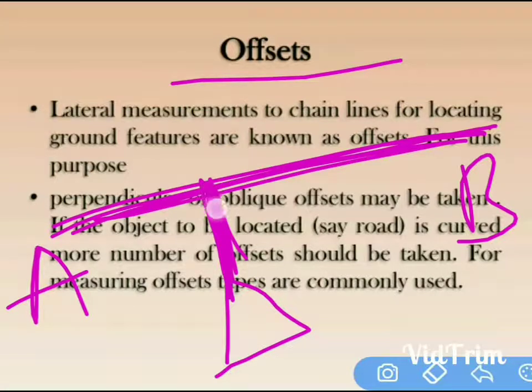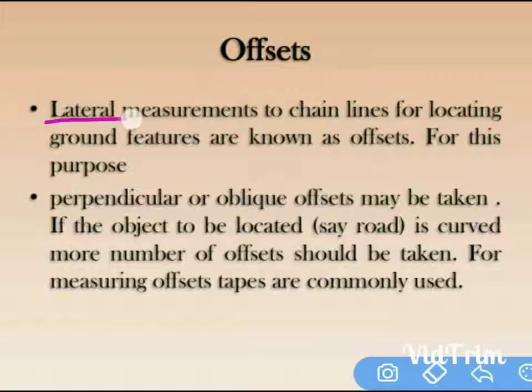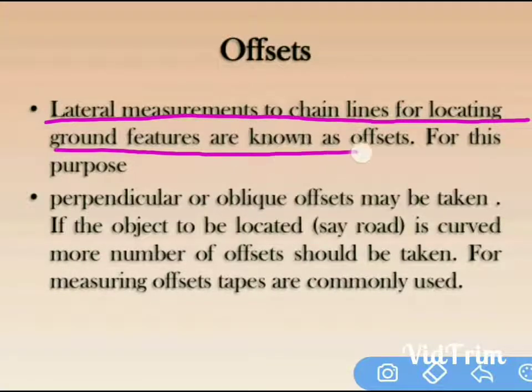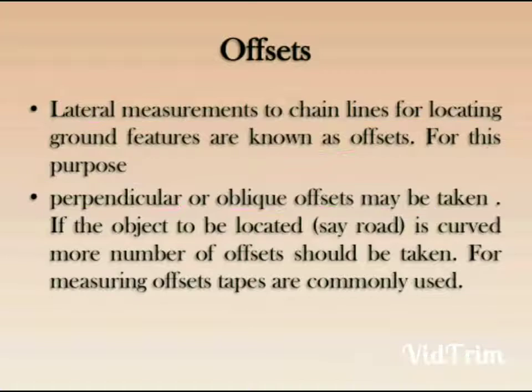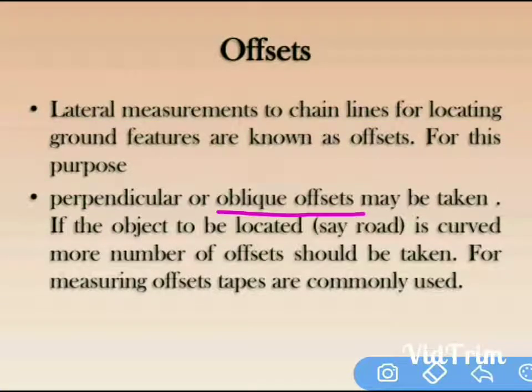Lateral measurements to the chain line for locating ground features are known as offsets. We have perpendicular offsets and maybe oblique offsets, meaning an offset with some angle; otherwise we get perpendicular offsets.